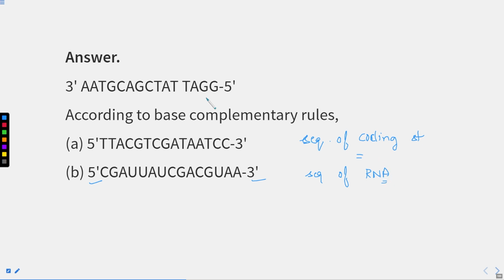But in RNA, thymine is replaced by uracil. Why have we written 5' to 3'? It is complementary, so obviously here it will be 5' to 3'. Here also again 5' to 3' because we are making the mRNA transcript. So this will be the sequence here, CGAUU.